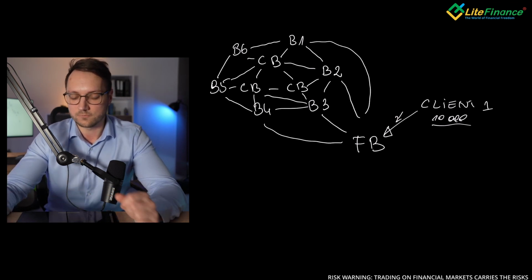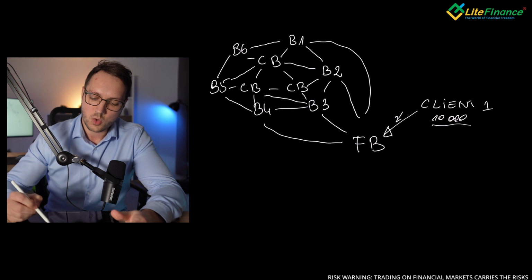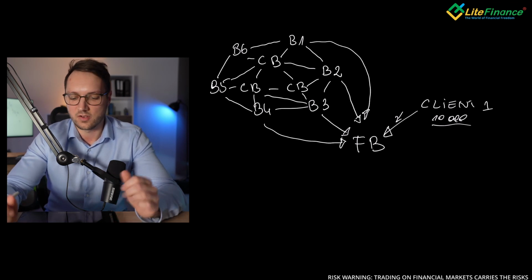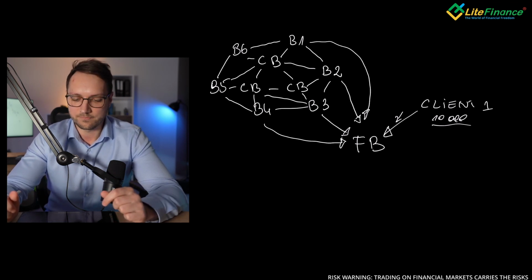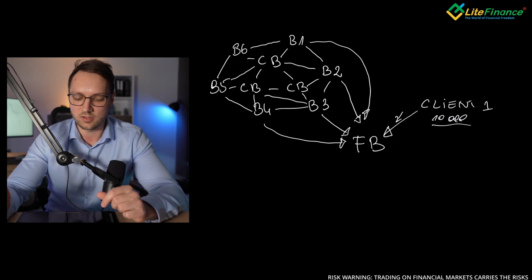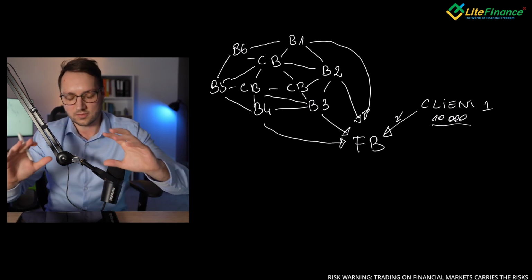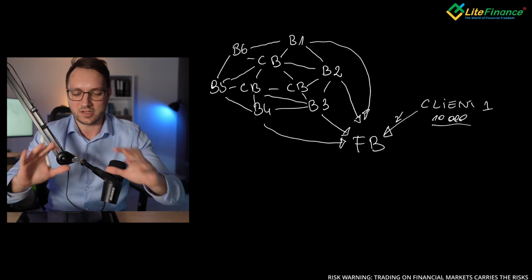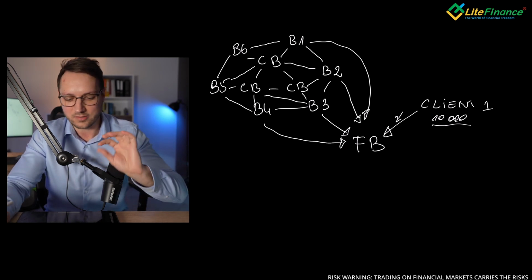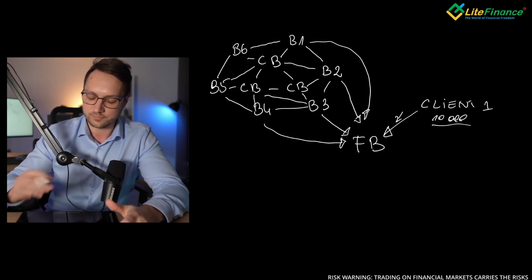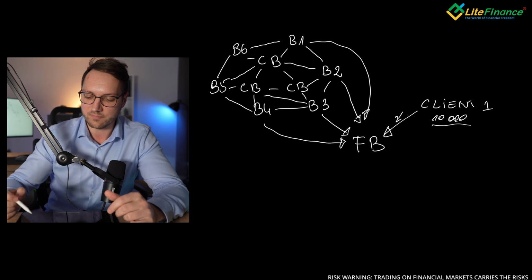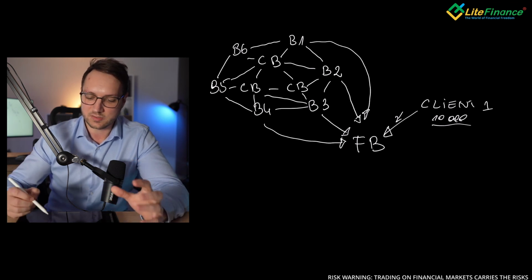And what does the broker do? They check which bank right now offers the best price for the euro against the US dollar. Everything is happening automatically in milliseconds. So of course, the system chooses the best price at the moment.